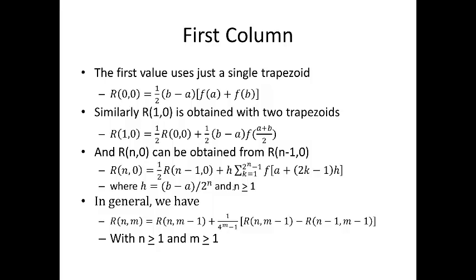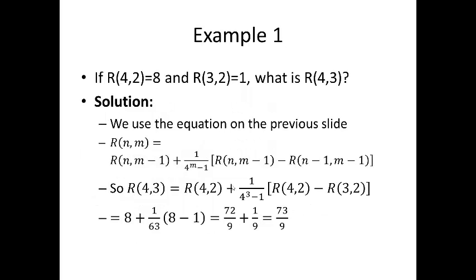Let's take a look at an example. So, if R42 is 8 and R32 is 1, what is R43? Well, basically we just use the equation from the previous slide for Rnm. And so R43 is equal to R42 plus 1 over 4 to the 3 minus 1 times (R42 minus R32).